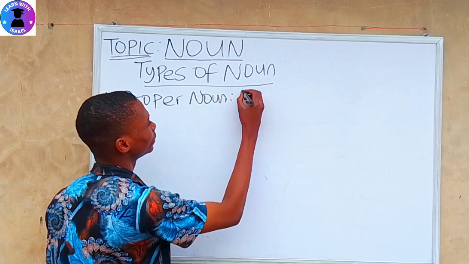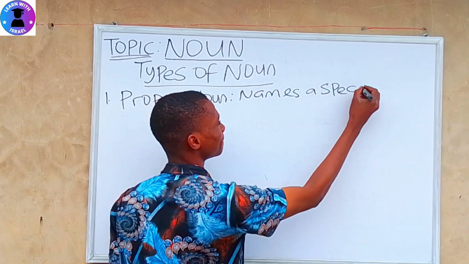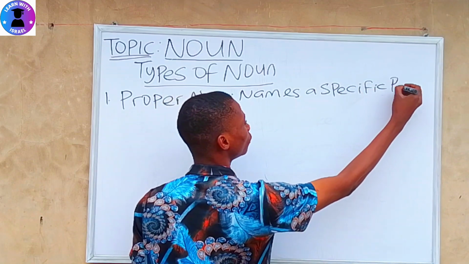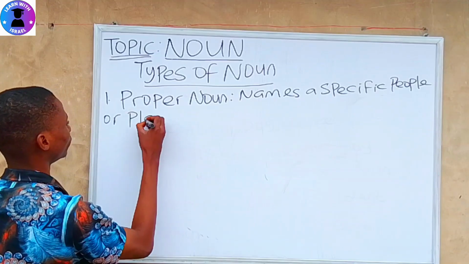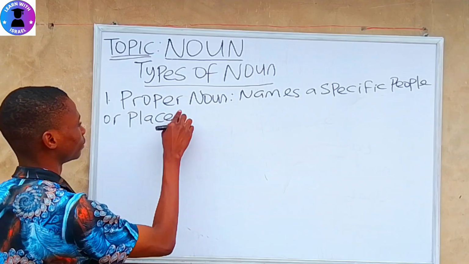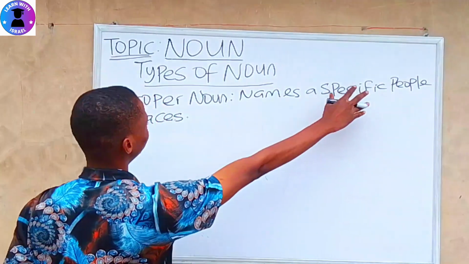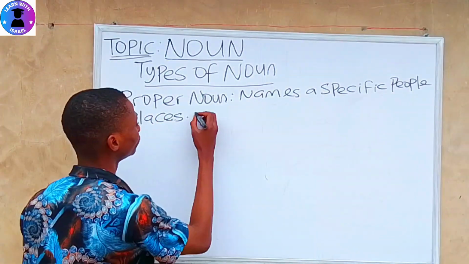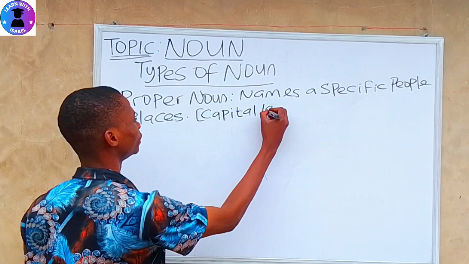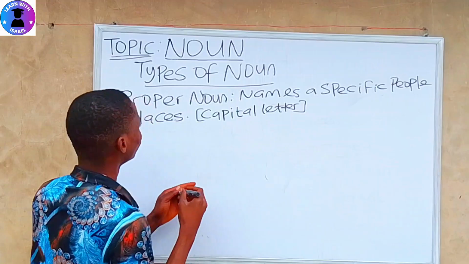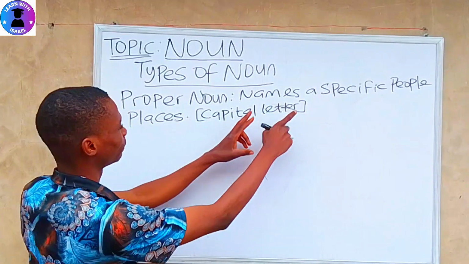Proper noun names a specific people or places using a capital letter. So a proper noun names a specific people or places using a capital letter.